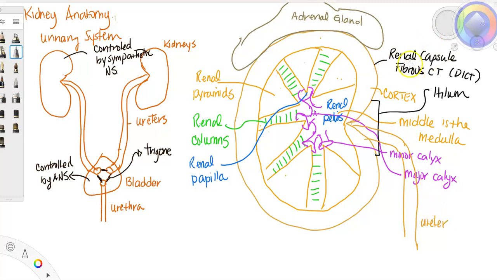And then, of course, put a line through there, you've got vessels, right?